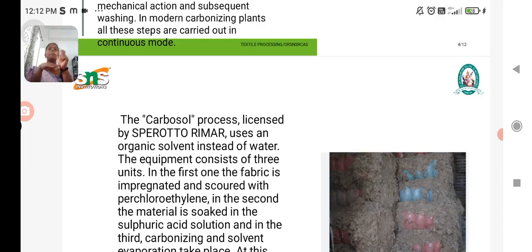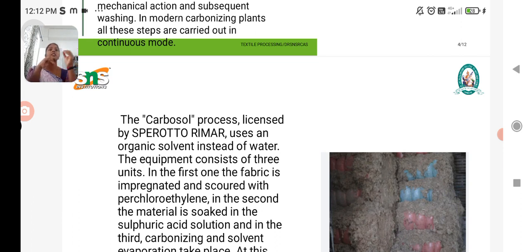The carbosol process, licensed by Spectro, Remar, uses an organic solvent instead of water. The equipment consists of 3 units.